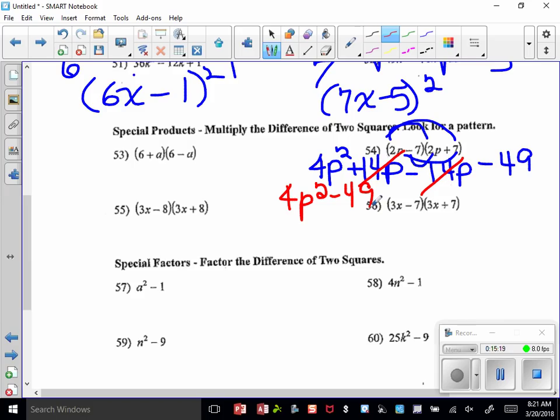So in that case, you're never going to have a middle term. Now, can you FOIL it out the long way and just see that they cancel out? Absolutely. But if you notice they're just opposites, all you would have to do is multiply the first terms and multiply the last terms.